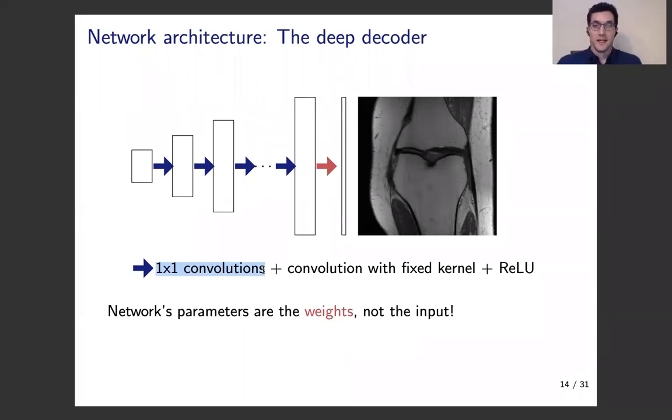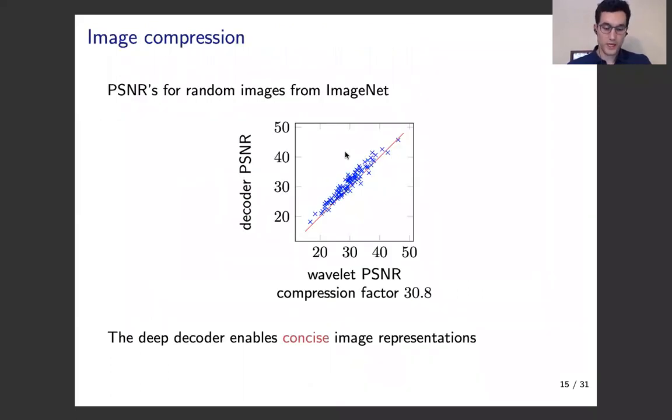Okay, and so what I want to argue next is that this neural network is a good image model. The way I would like to convince you is by arguing that it compresses images well. Because the intuition about an efficient image model is that it maps some low-dimensional coefficients to a high-dimensional image.